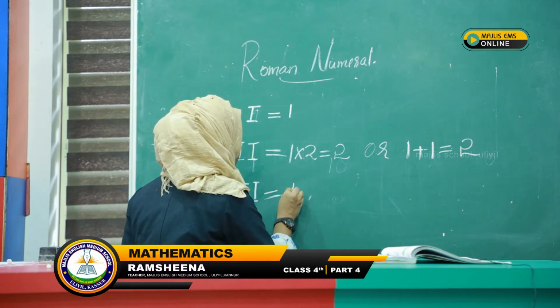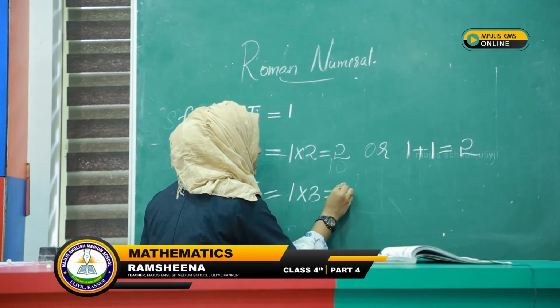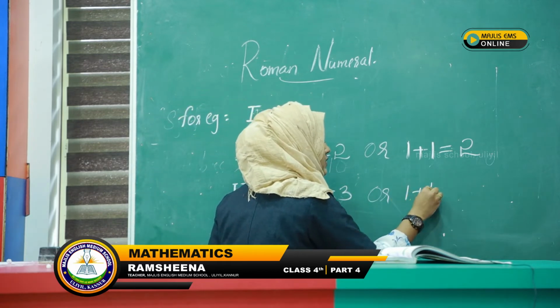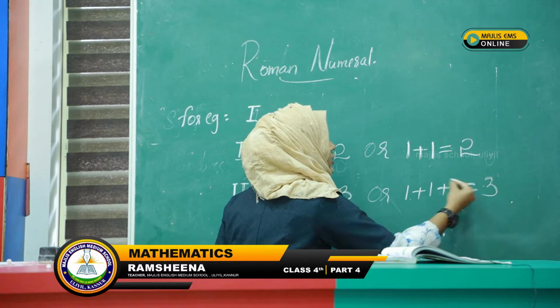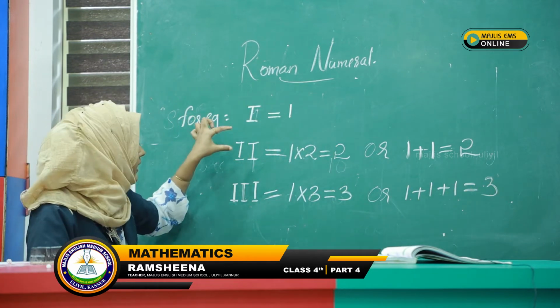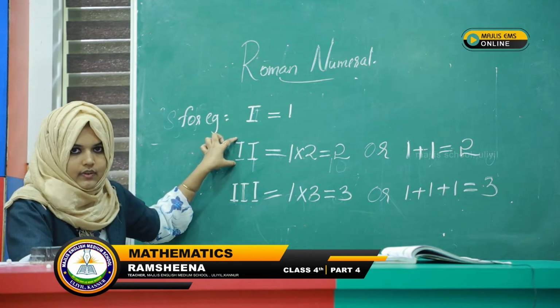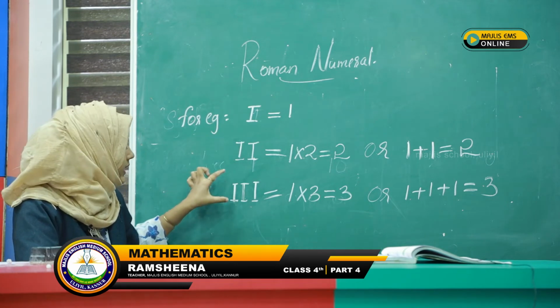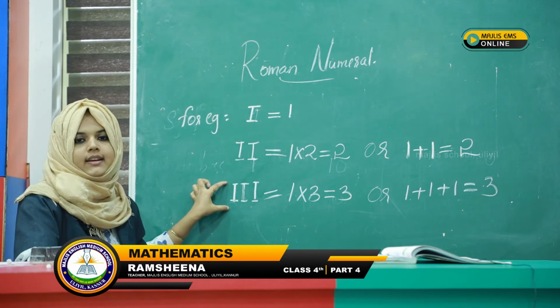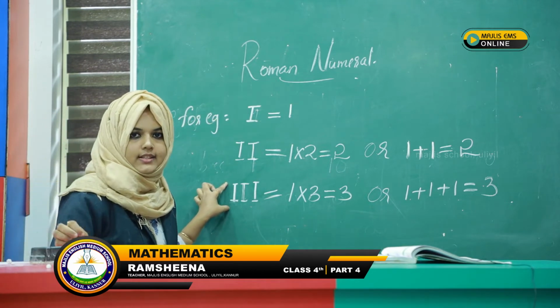So, this is the number 1, this is the number 2, and this is the number 3. All of you understand?